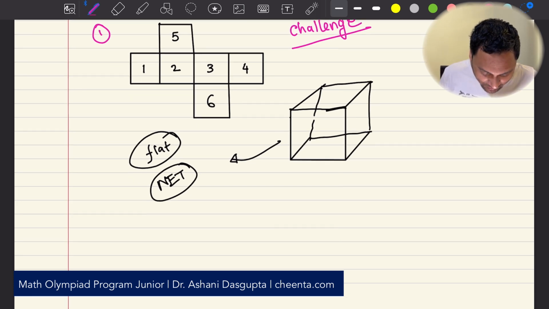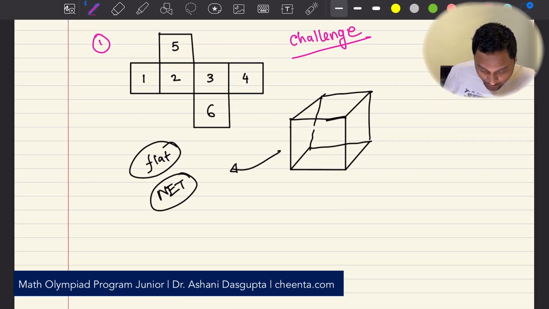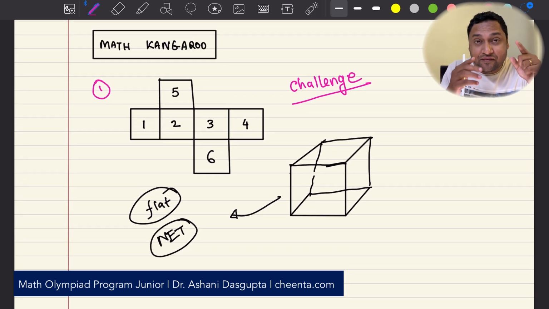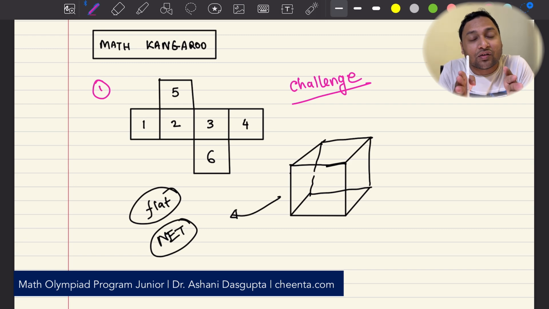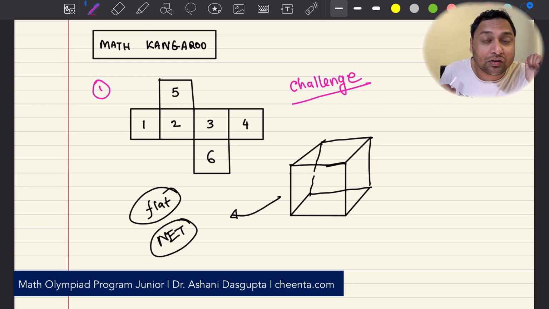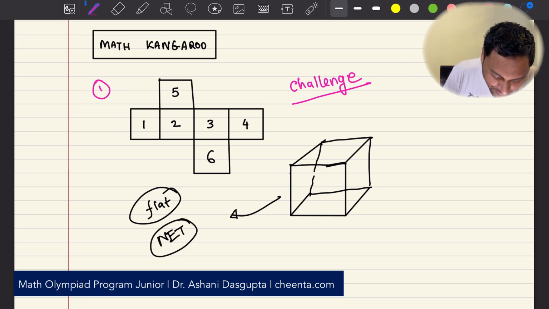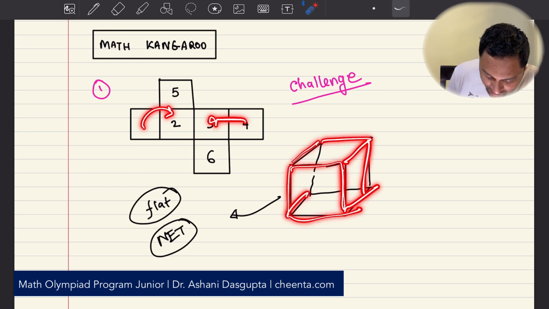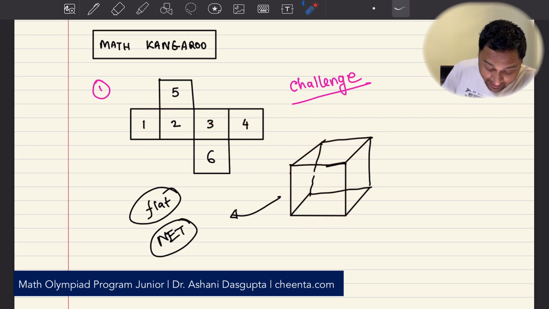Okay, so let's go back to this. So we have opened up this cube. Now the question is, if you add the numbers on the opposite faces, then what would be the sum of the numbers? So if you fold this back up, of course you will get this cube, and now the numbers will show up in the opposite faces.